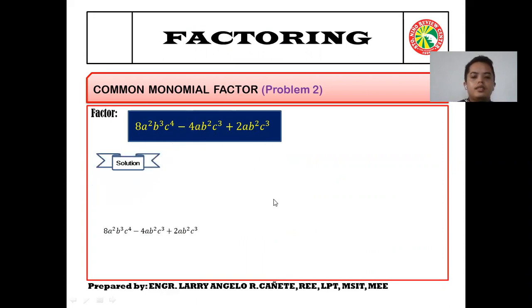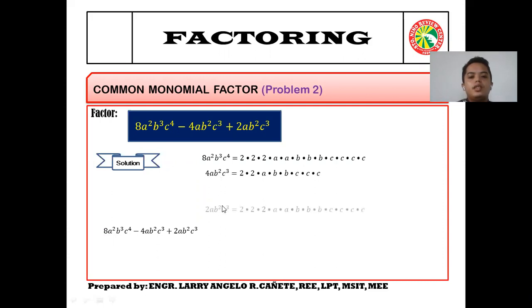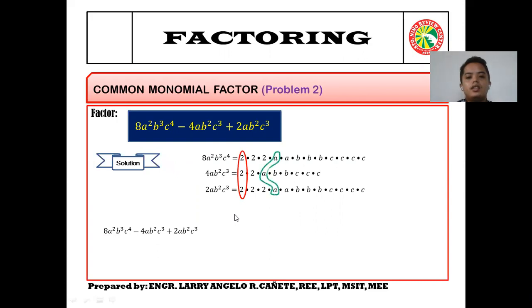First, you get the GCF common to the three terms. For the 8, 4, and 2, only 2 is the GCF for the number or constant.